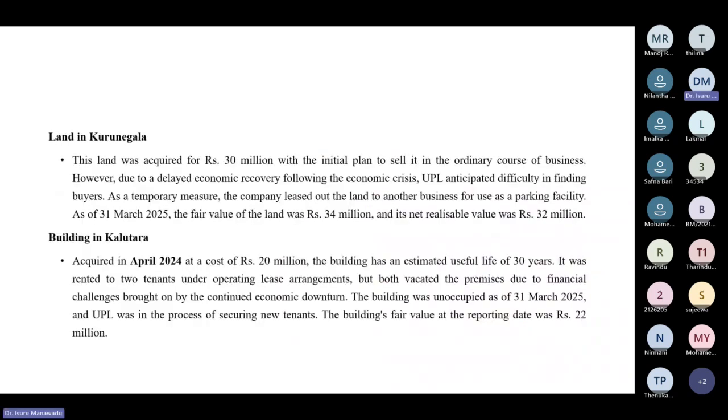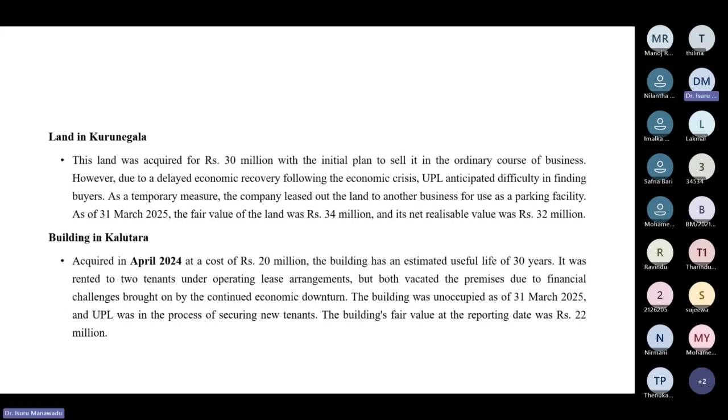We'll take the second land, the land in Kurunegala. Read it. This land was acquired for 30 million with the initial plan to sell it in the ordinary course of business. However, due to delayed economic recovery following the economic crisis, UPL anticipated difficulty in finding buyers.